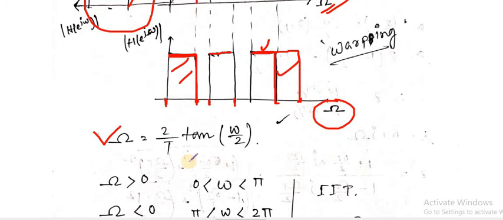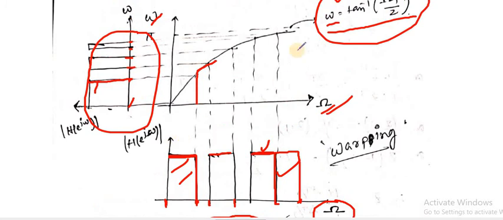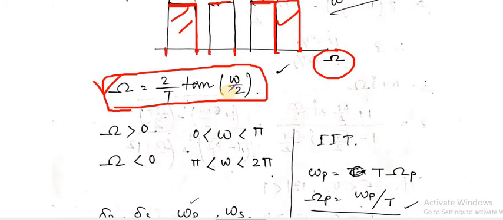So how to do that? By pre-warping. By pre-warping we basically adjust the input omega such that, after the effect of this non-linearity, we get the original one. Okay, so this is the concept of warping and pre-warping frequency.